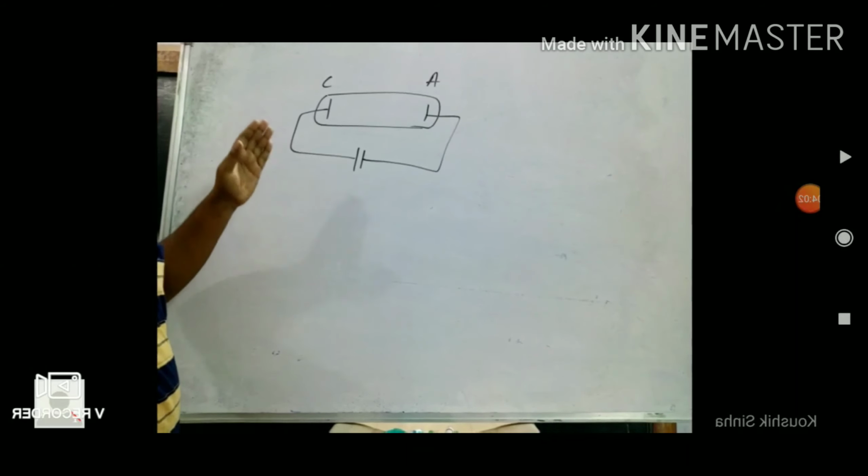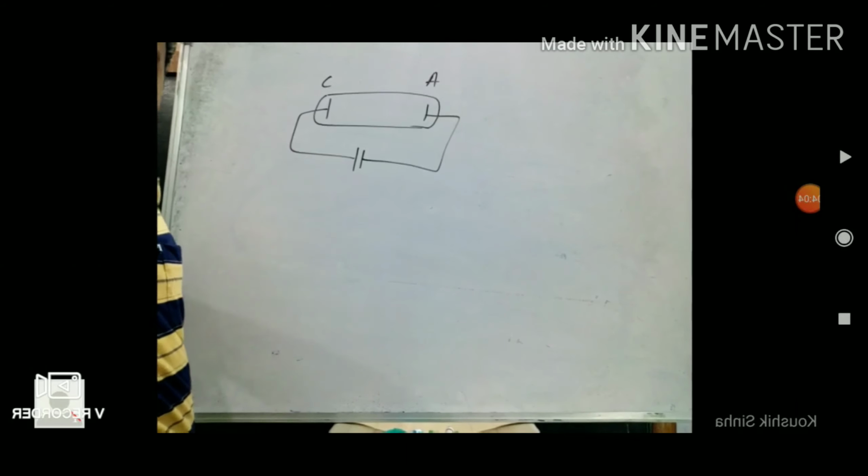Now what are the characteristics of cathode rays? They travel in a straight line with very high velocity, perpendicular to the cathode surface towards the anode. Second characteristic, they are composed of minute particles which have momentum. How will you know that?